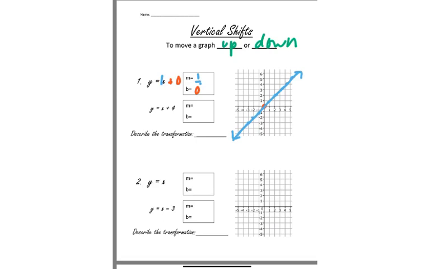The next one is y equals x plus 4. So again, my slope is 1 because there's one x there. Okay, so if my new y-intercept is 4, I'm going to put a dot on 4. And just like before, my slope is 1, so I go up 1 over 1.